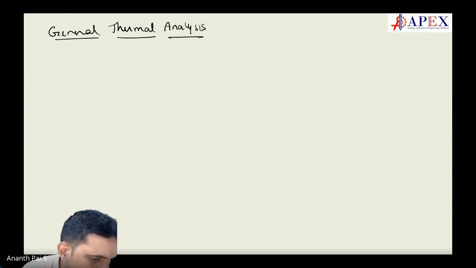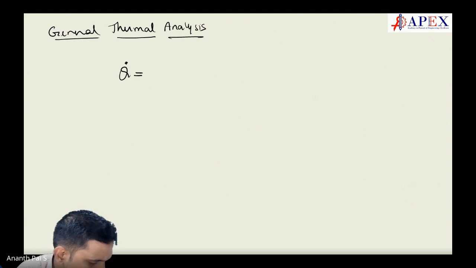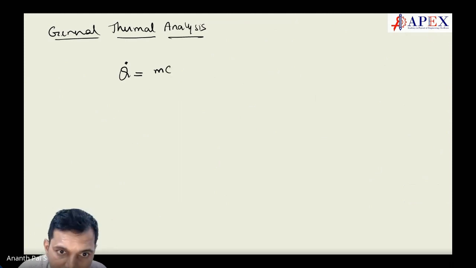Generally, what we know is, if you take a pipe, there are two things which are very important. One is Q dot at any place. So you can write it as M dot Cp.